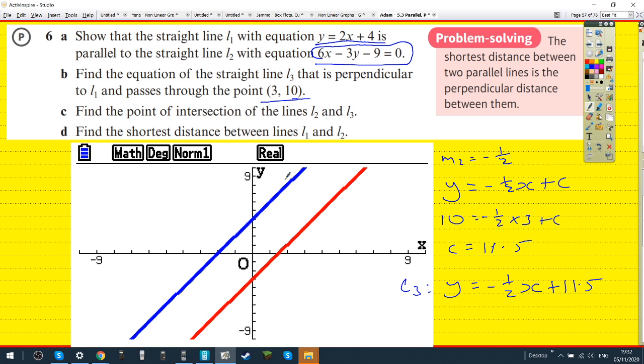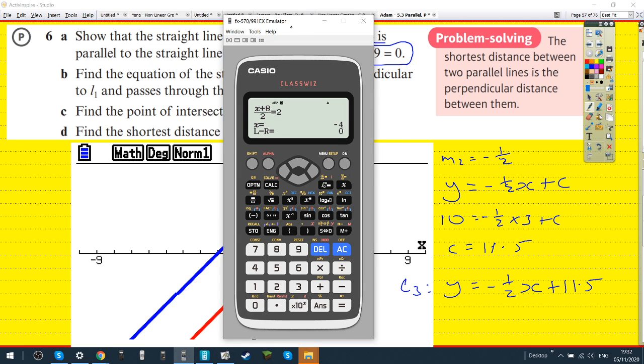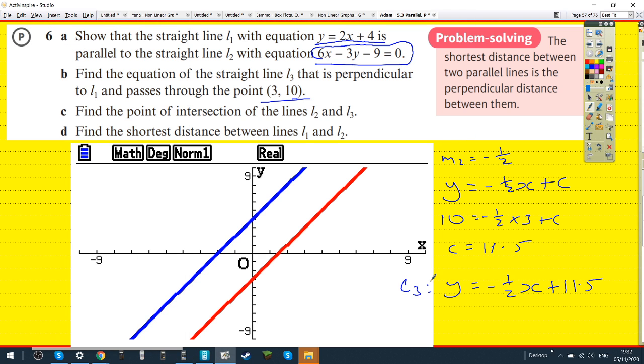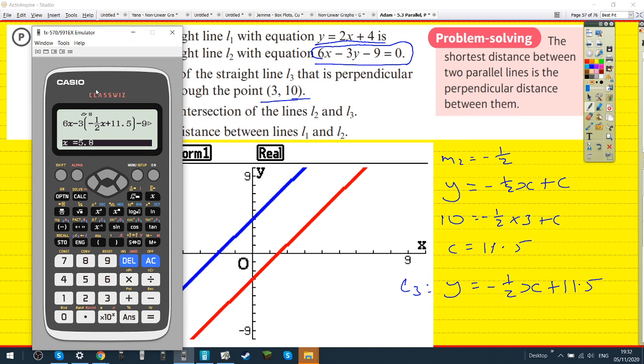So it'd be 6x minus 3 open brackets minus a half x plus 11.5 close brackets minus 9 equals 0. Shift solve. I get 5.8. So x is 5.8. And so what is y?